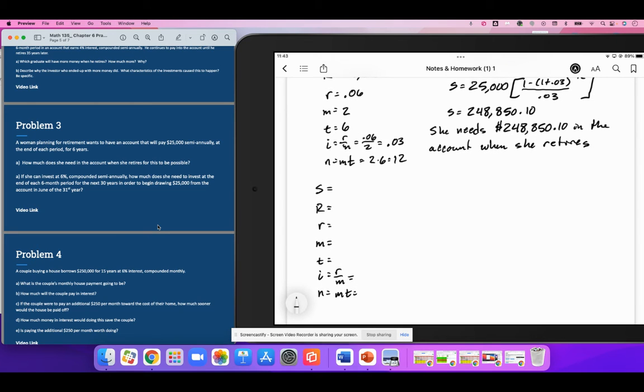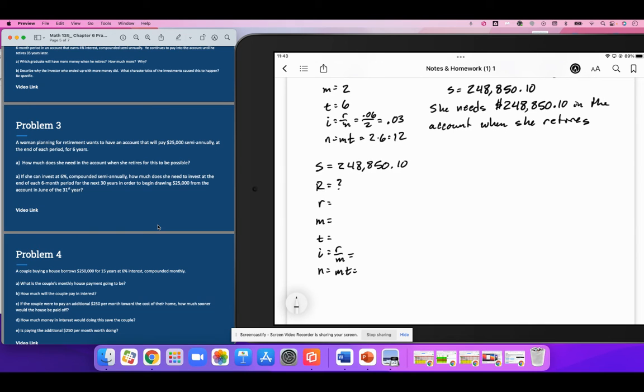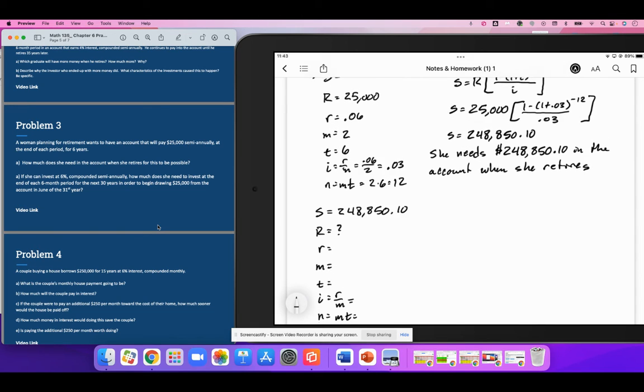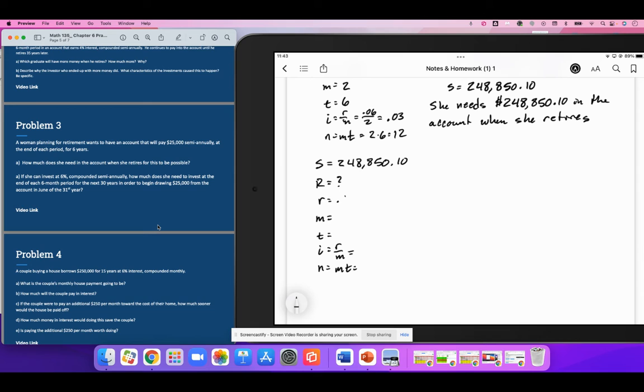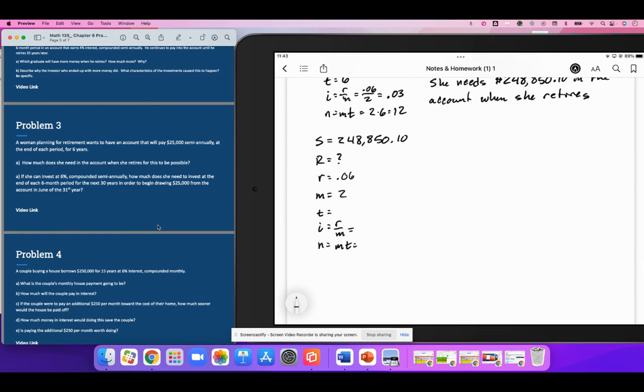So we want to reach a value of $248,850.10. We don't know what her semi-annual payment is going to need to be to achieve that, and it is 6% interest, so 0.06. Twice a year, she's going to put money in the account. She's going to do that for 30 years. Is that correct? Yep, 30 years.